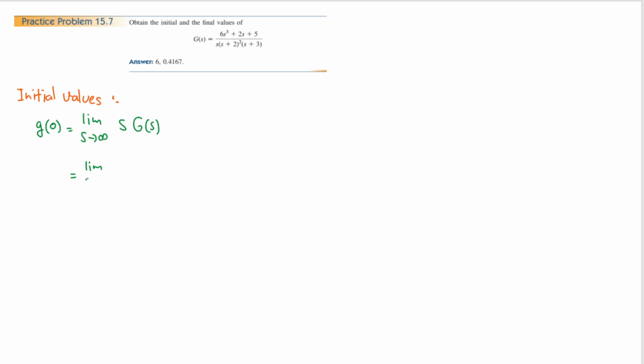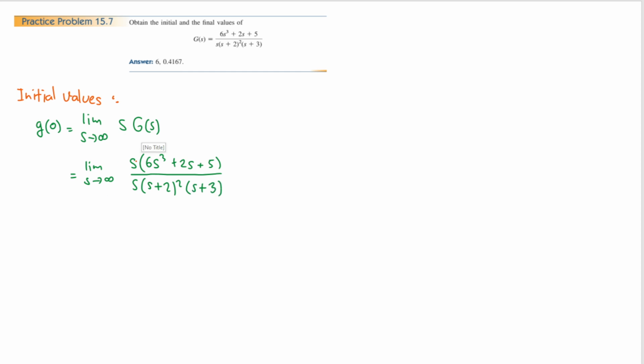Let's do that. We will have the limit as s goes to infinity of s, and on the numerator we have 6s to the third power plus 2s plus 5, divided by s times (s plus 2) squared times (s plus 3).